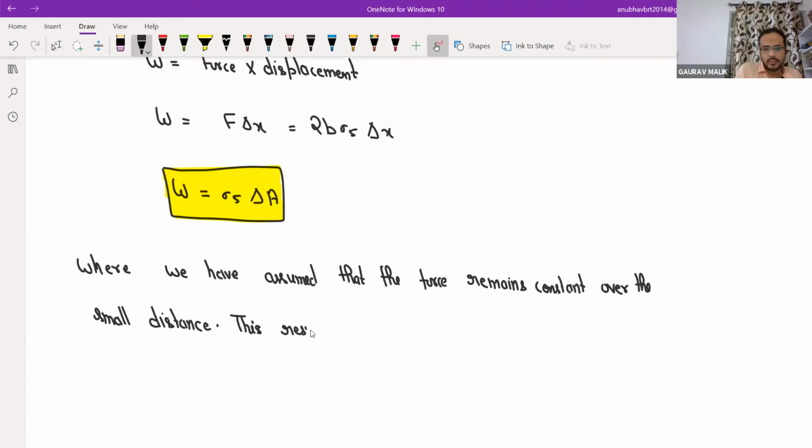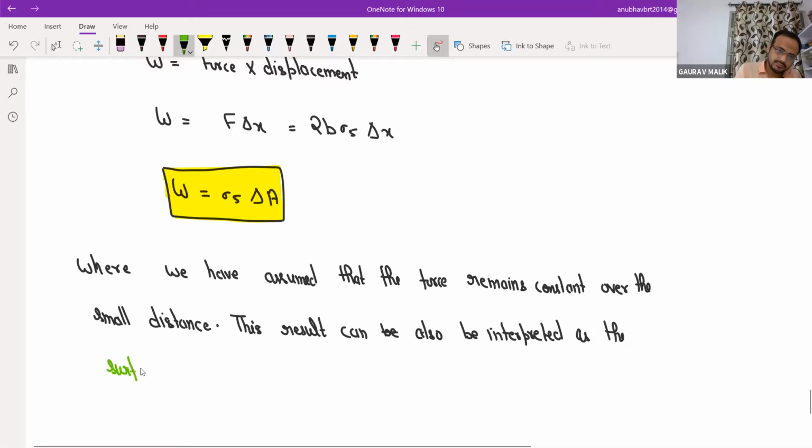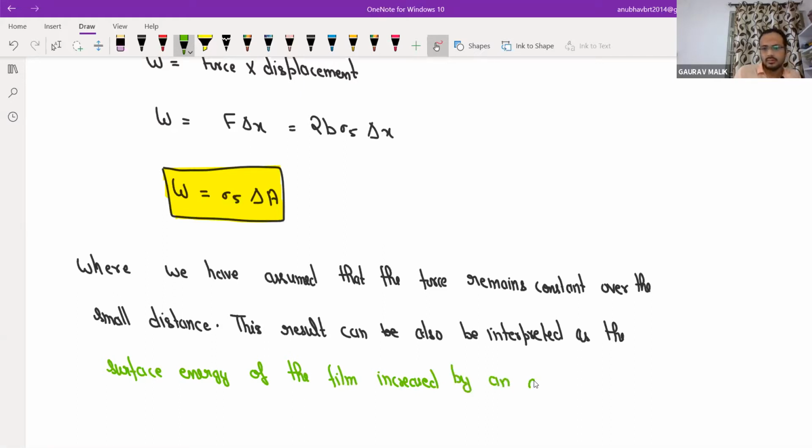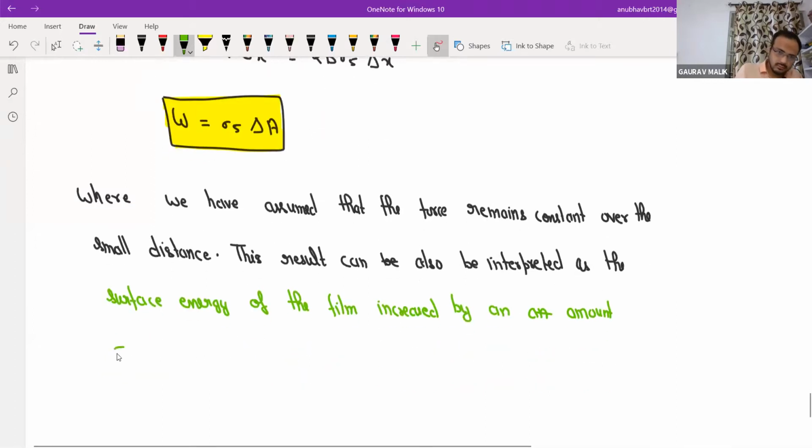And this result can also be interpreted as the surface energy of the film increased by an amount of sigma s into delta A during this stretching process.